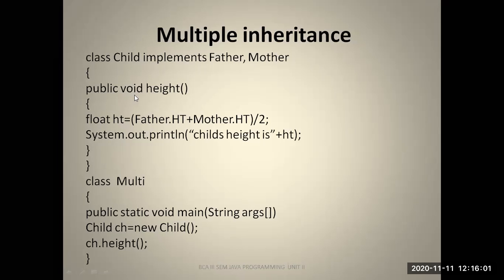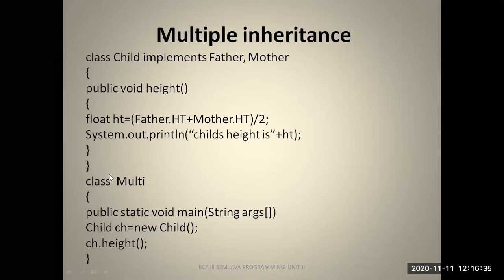In the child class, we define the height method by using the constant variables of father and mother: father.ht plus mother.ht divided by 2, which gives us the average height of the children. That is the example program. So two interfaces are there, father and mother, and an implementation class called child. So three classes are there, and we will be using those in the other program.